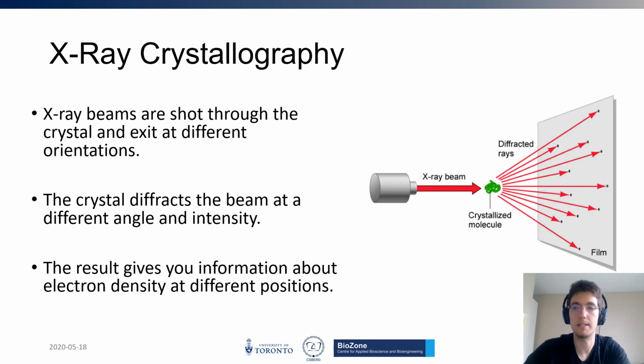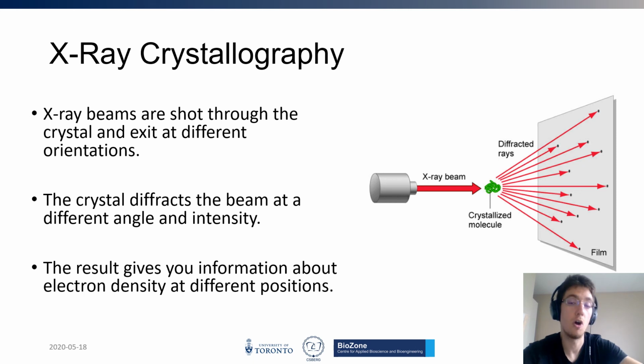It tells you a lot about the electron density at that specific angle at which you're shooting the X-ray at the crystal, right? So what you can do then is change the angle that you're shooting that X-ray beam at the crystal and get more information about the electron densities at different angles with which you are looking at the protein. Does that make sense? Hopefully. So the general idea is by getting electron density information, you can kind of get an idea of where the atoms are located in this protein structure.